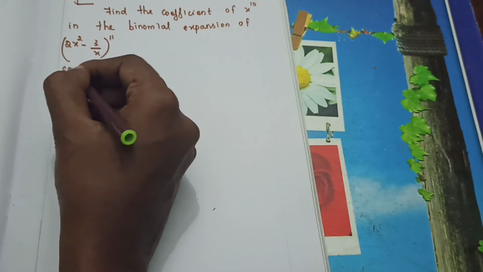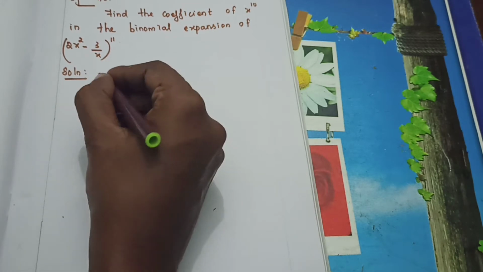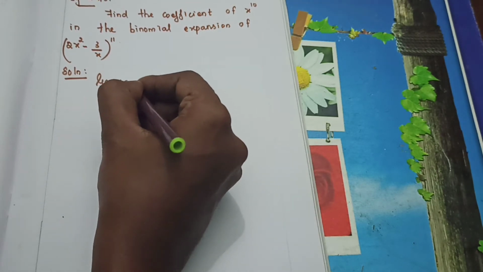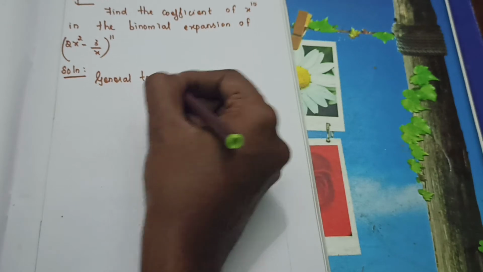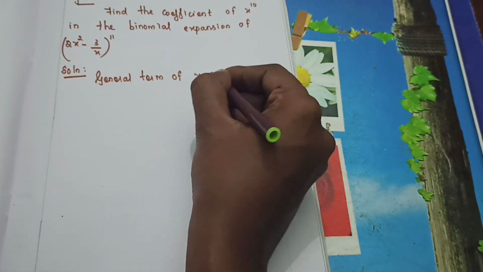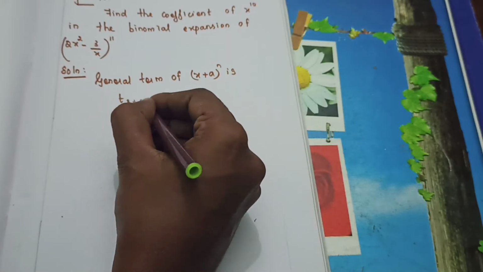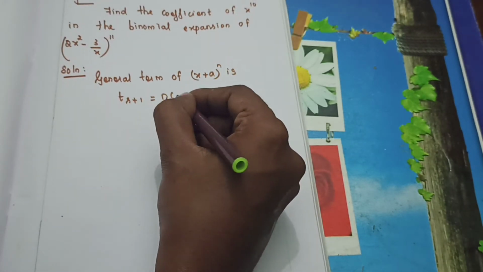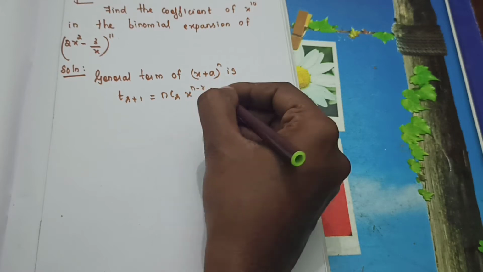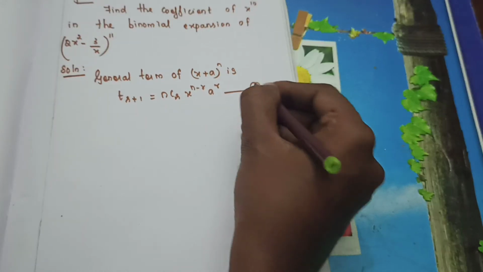Listen. Solution: first you write the general term. So what's the general term? The general term of x plus a the whole power n is, what's the formula? T r plus 1 is equal to nCr x power n minus r a power r. It's equation number 1.